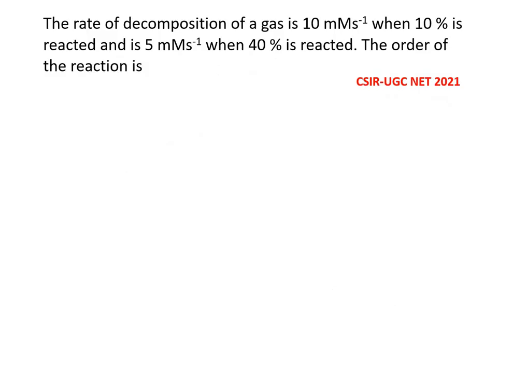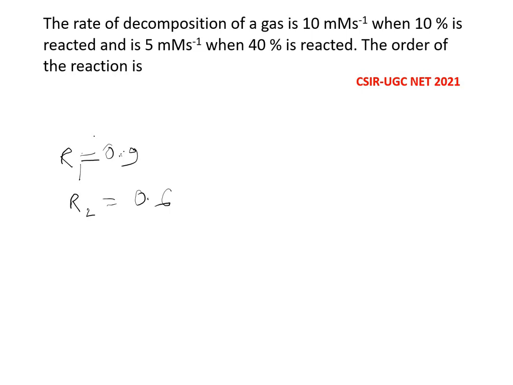Let us go for the next. The rate of decomposition of a gas is 10 units when 10% is reacted. So when 10% is reacted, that means in terms of fraction, the remaining is 0.9. And for the second case, when 40% is reacted, that means 60% is remaining, so it is 0.6.